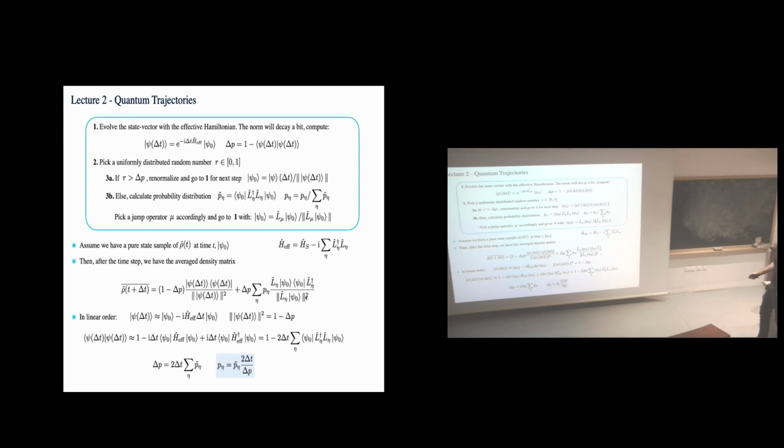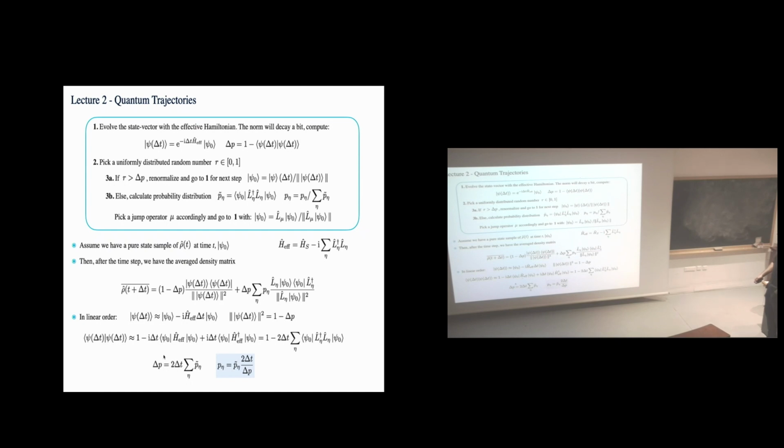Okay, but from this, what I can see now, if I compare what I computed, the norm squared in this approximation, with this definition of my delta p, I can read off that my delta p is just 2 times delta t, the sum over all of these probabilities tilde here. Because this was just the definition of these probabilities before I actually normalized them.